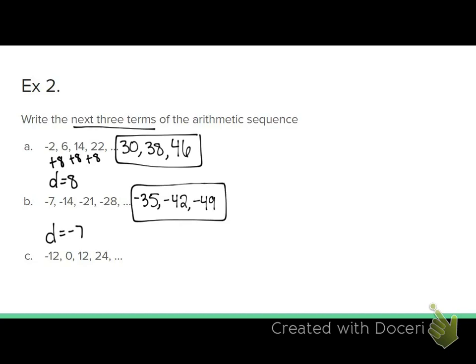Questions about how we got those? All right, what about the common difference on letter C? 12. So my next term after that, and then 60. Good.